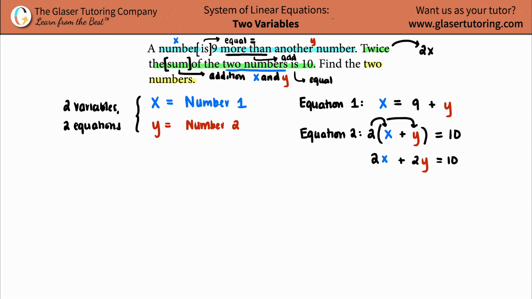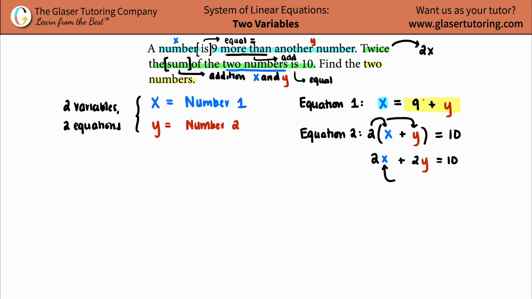Now what I see is I already have an equation that's x equals this whole thing, right? x equals 9 plus y. In my second equation, I have 2 times x. Well, what was x?